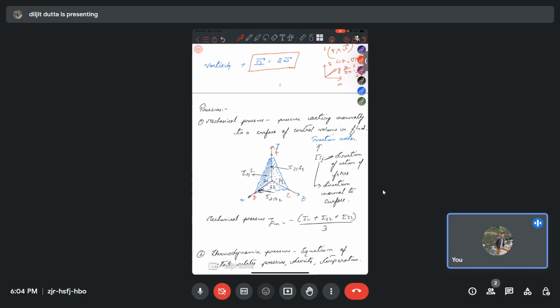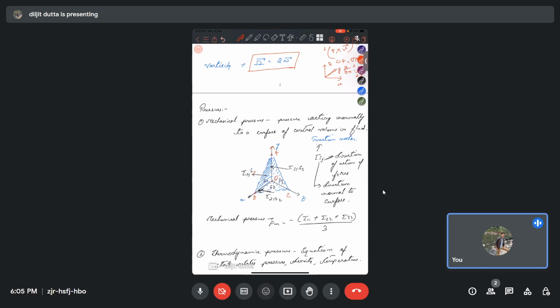So you got the control volume. Now suppose the fluid is flowing in all three directions. Then in this fluid element there will be some pressure force acting on the surface AOB. That is the normal pressure. Then there will be something acting on the surface AOC, tangential to the surface.